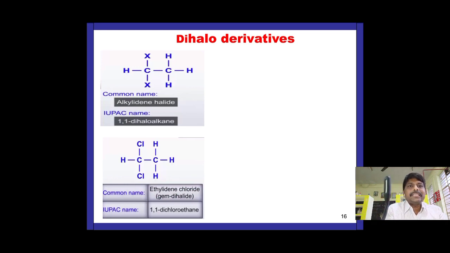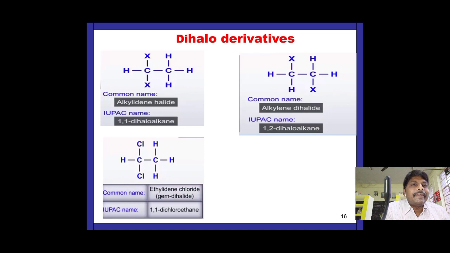You can take a real example for this gem dihalide, ethylidene chloride. What is the IUPAC name? The IUPAC name is 1,1-dichloroethane.